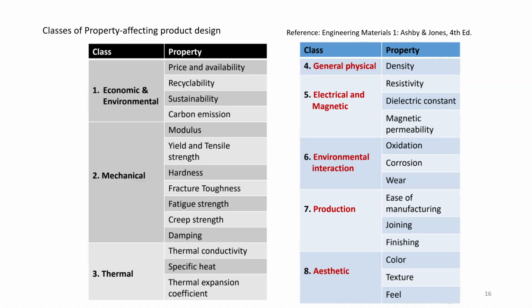In thermal we have thermal conductivity, specific heat, thermal expansion coefficient. In other general physical we have density. In electrical and magnetic we have resistivity, dielectric constant and magnetic permeability. In environmental interaction we have oxidation, corrosion and wear resistance. In production we have ease of manufacturing, joining and finishing. In aesthetic we have color, texture and feel.